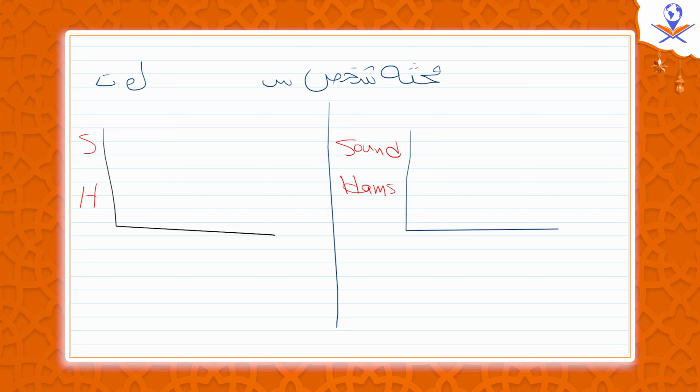So with all of these letters, حثه شخص سا, without kaf and ta, سكت without kaf and ta, the sound of the letter and the hams, or let's name it the airflow, is the same, as you know.